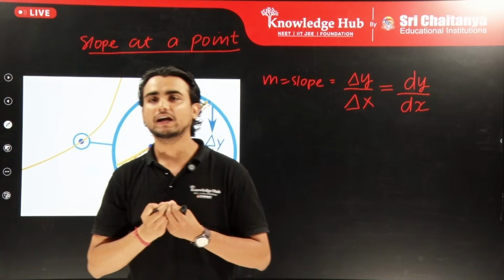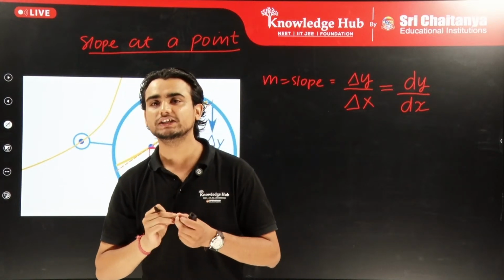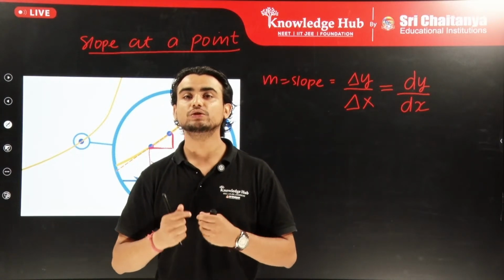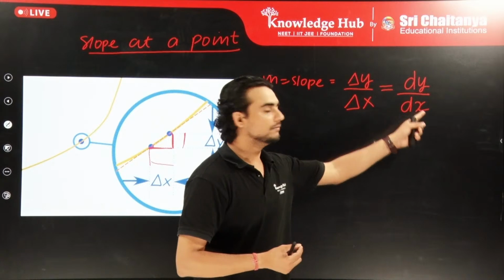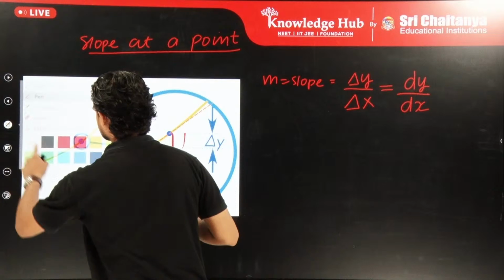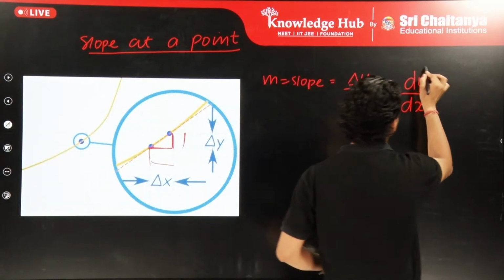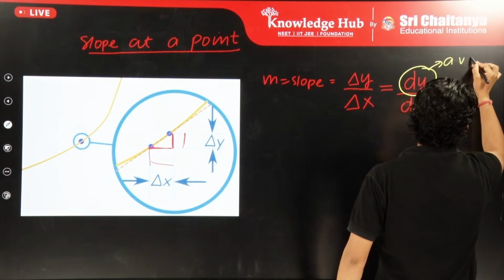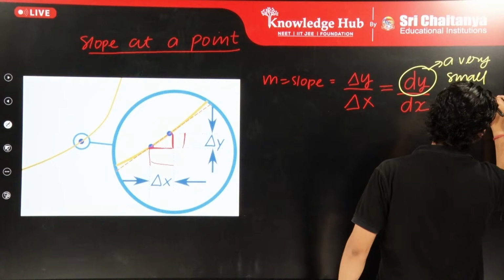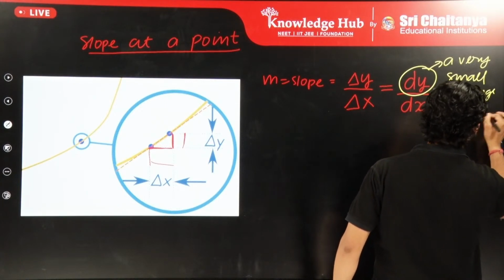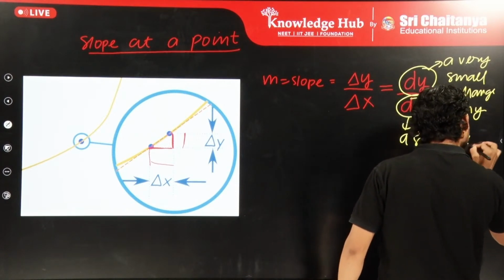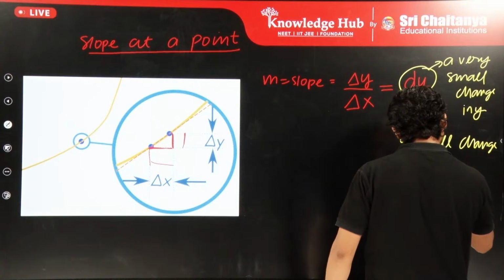So now what does d mean? If I write d, d means a very small change. Now I wrote dy, so dy will mean a very small change in y. dx will mean a very small change in x. So let's write it down. dy, a very small change in y, dx, a small change in x.